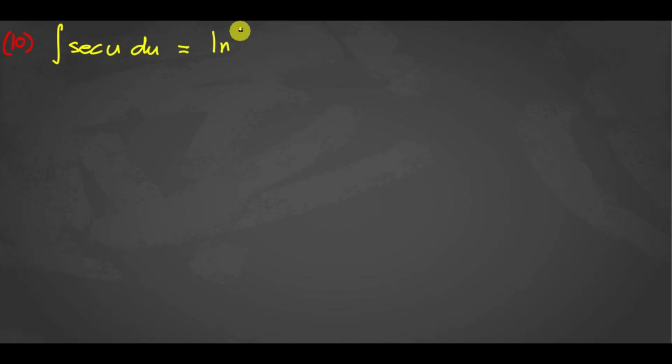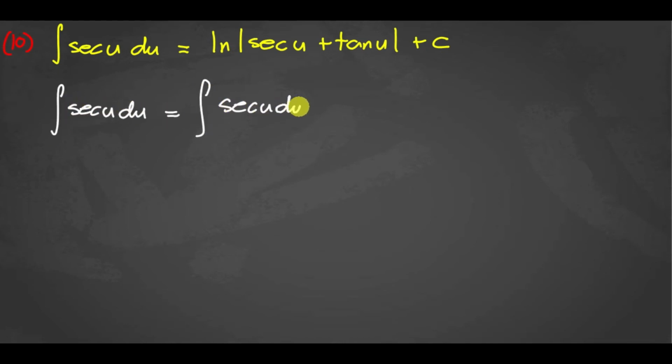Now, we have another case, that is the integral of secant u du is equal to ln of secant u plus tan u, plus c. The process of arriving at this particular answer is to multiply the integral by a multiplier, that is secant u plus tan u all over secant u plus tan u, du.